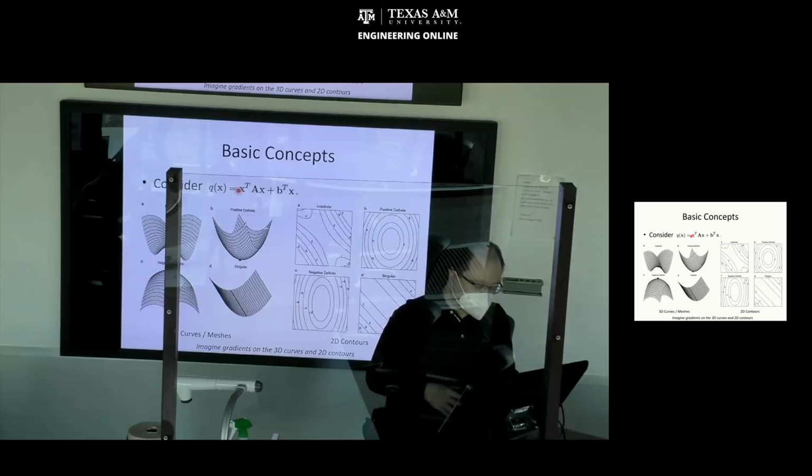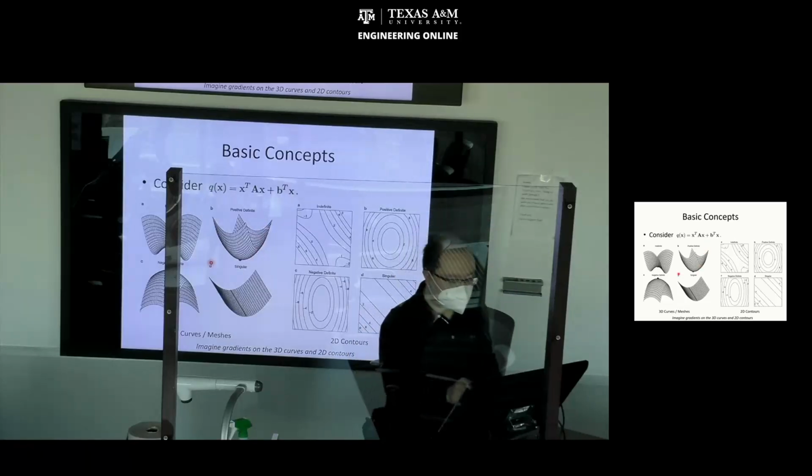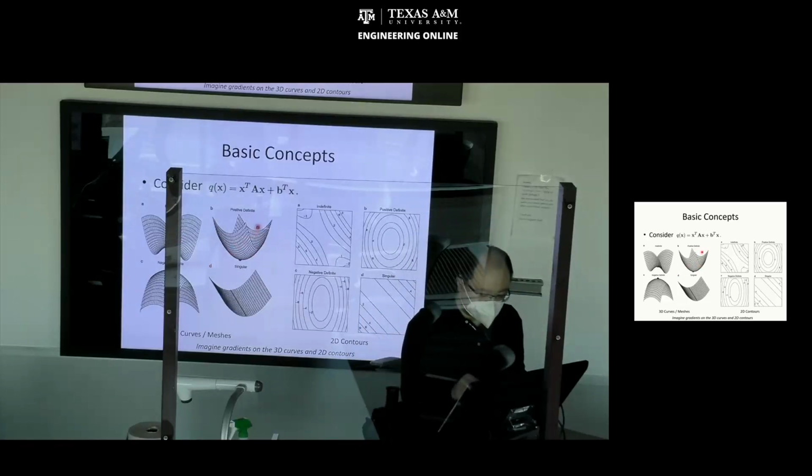Okay, so depending on the Hessian matrix, if we look at a two-dimensional illustration, this landscape or the shape of a curve can be very different. For instance, if A is positive definite, then you have a convex shape along all the dimensions, or in the joint two-dimensional space.